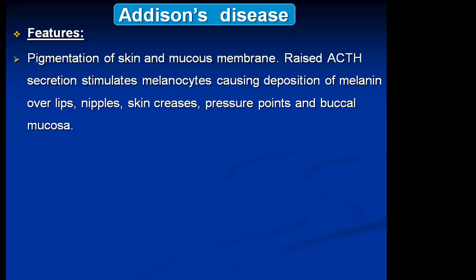Now, if you recollect, any condition which will increase the ACTH production will lead to increase in the formation of POMC, that is pro-opiomelanocortin, and the secondary hormones like MSH will also increase.